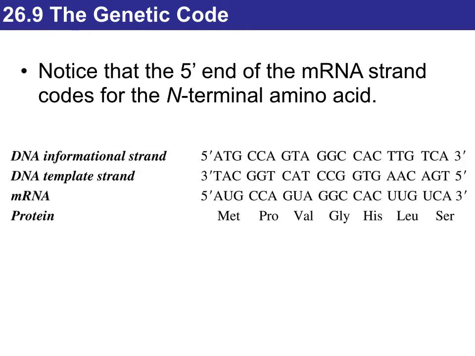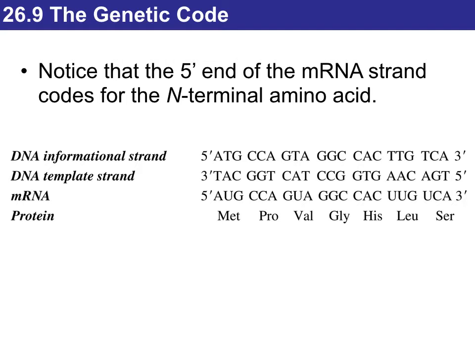Finally, I would like you to notice that the 5' end of the messenger RNA strand codes for the N-terminal amino acid. So here is a summary: the DNA informational strand, where the one that is used is the template strand.